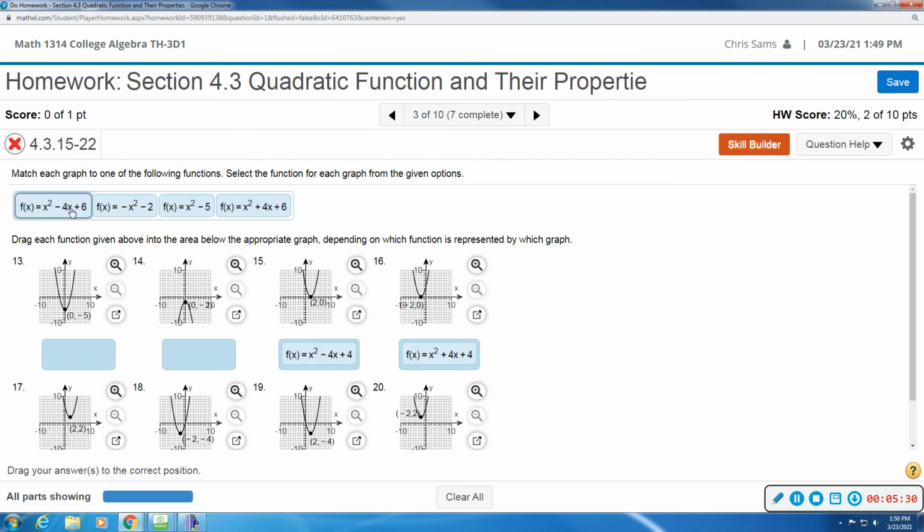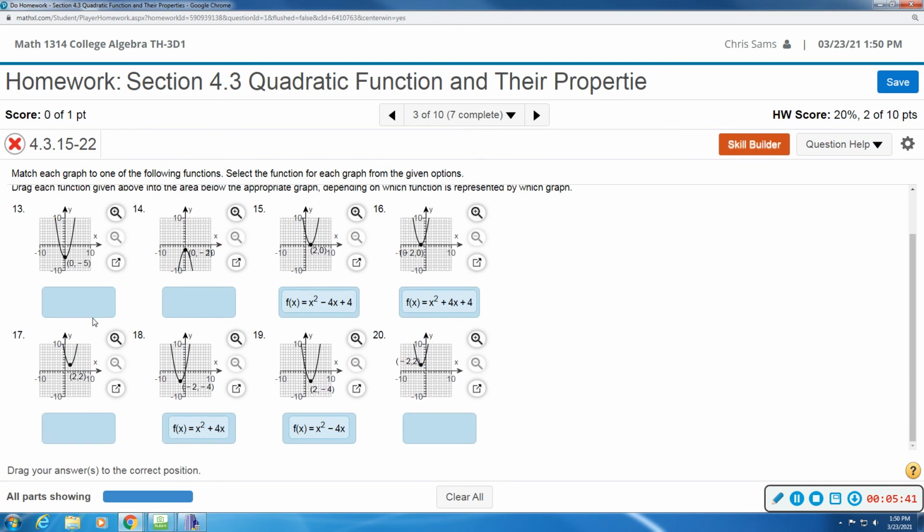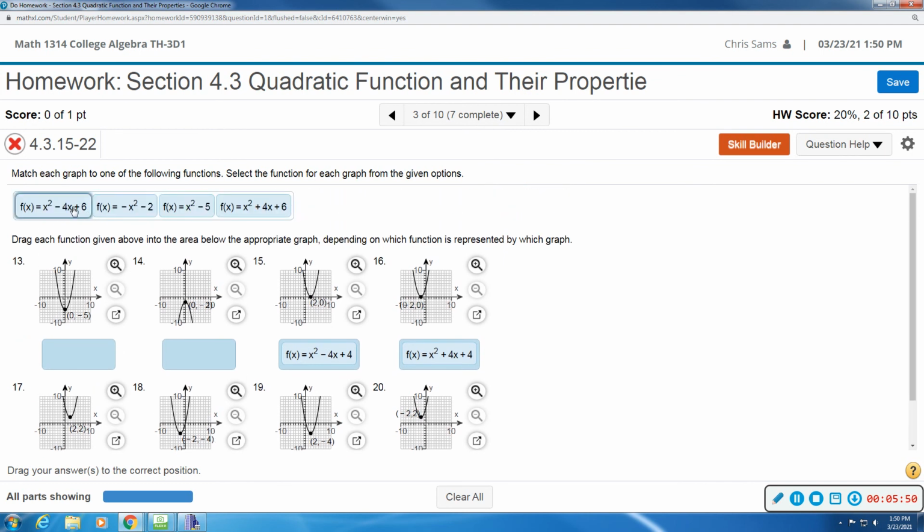All right, now we have a y-intercept of 6. We have two of them. One shifts right. So I'm looking for a y-intercept of 6. Looks like these two graphs, 17 and 20. And I want the one that's going to shift to the right first.